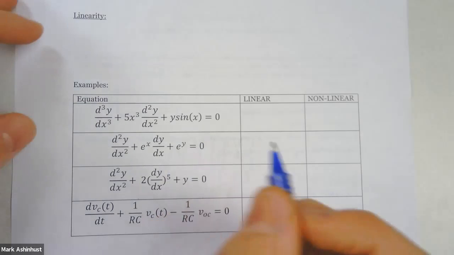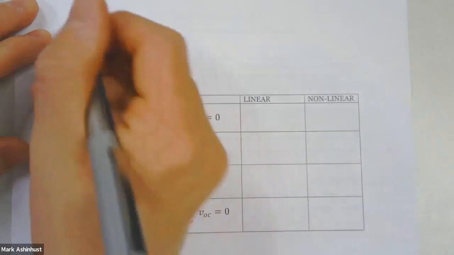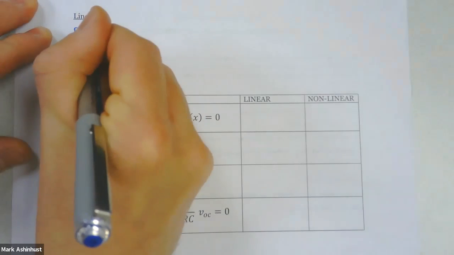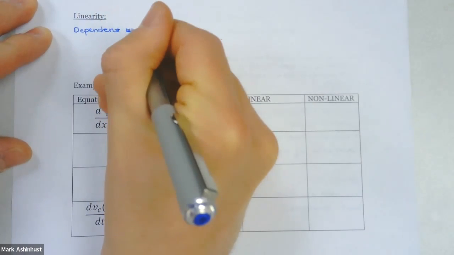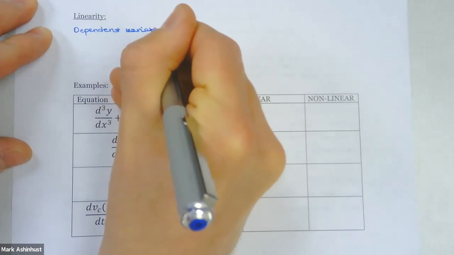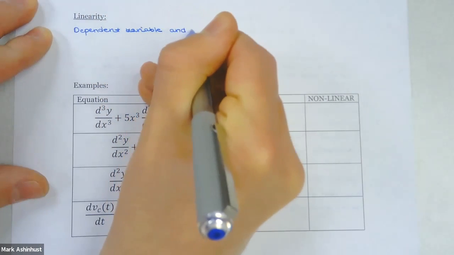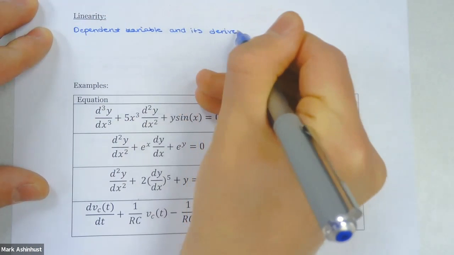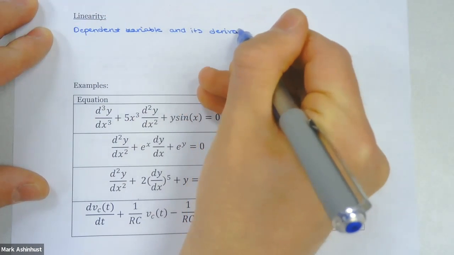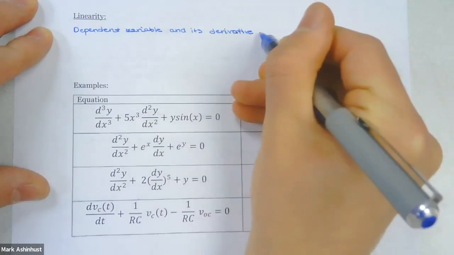So linearity is just going to be, it matters with the dependent variable and its derivative occur directly. And now, what does that mean?